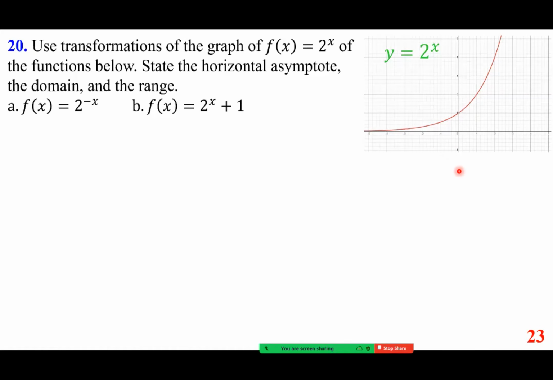The domain is from negative to positive infinity. The range is 0 to infinity. 0 is not included. This is your horizontal asymptote, and this point is the y-intercept located at 0, 1.